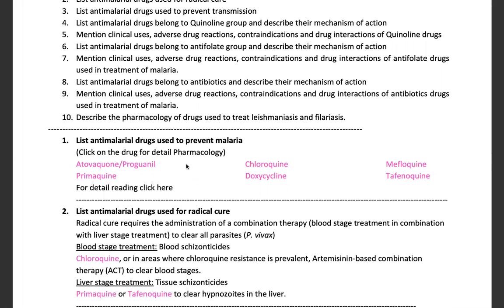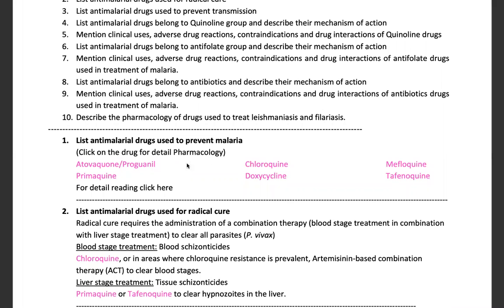You will get all this information from Medscape if you just click on these purple drug names.